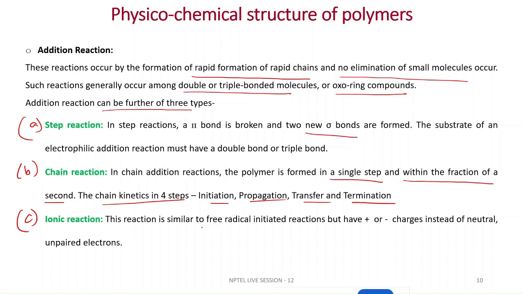This is very similar to free radical reaction, but here the radicals are not formed. Here there are positive or negative charges instead of unpaired electrons. I'm not going into much detail on each and every reaction.